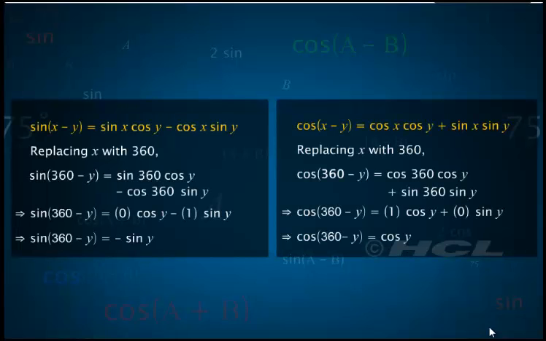Next, replacing the value of x with 360 in the difference formulae of sine and cosine, we obtain the trigonometric functions cos and sine of the allied angle 360 minus y. Recall that sine 360 degrees equals 0 and cos 360 degrees equals 1.